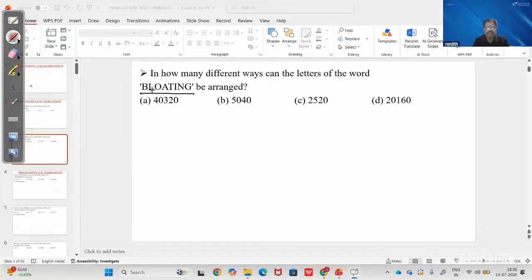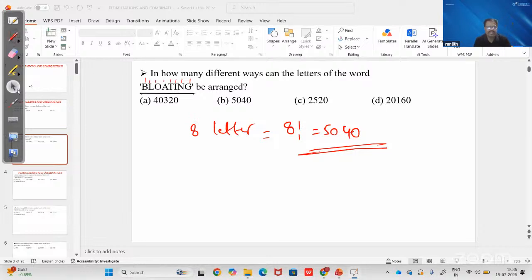How many letters are there? 1, 2, 3, 4, 5, 6, 7, 8. 8 letters will be equal to 8 factorial. So 8 factorial equals 40320. Answer is 40320, guys. There are no common letters in BLOATING.